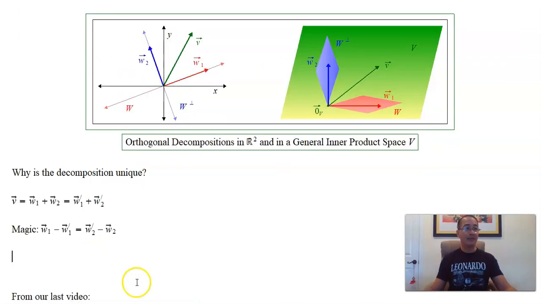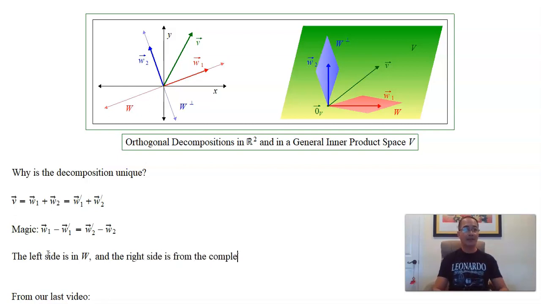They are both subspaces, so by closure, the left side is in W, and the right side is from the complement. But they're equal to each other. The same vector is in W and in W perp.